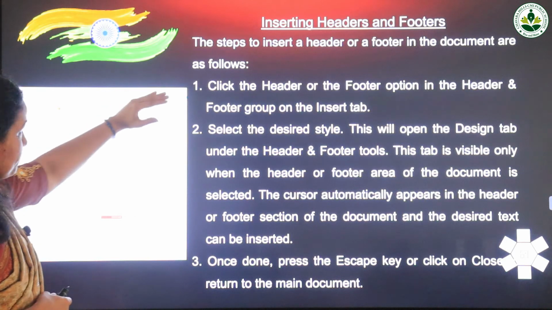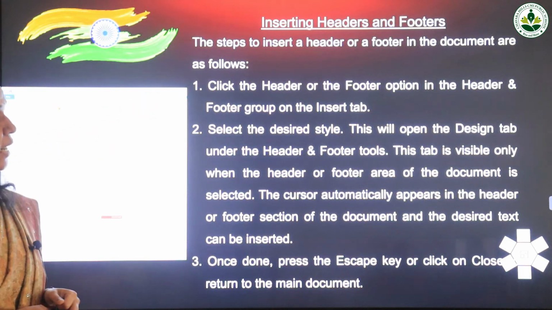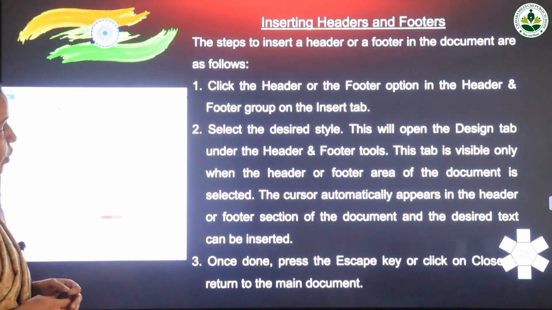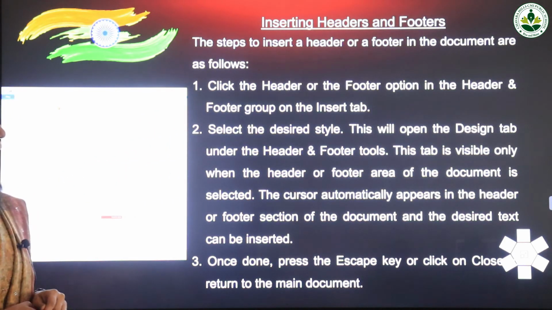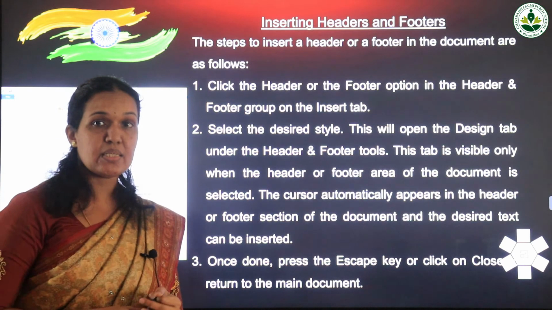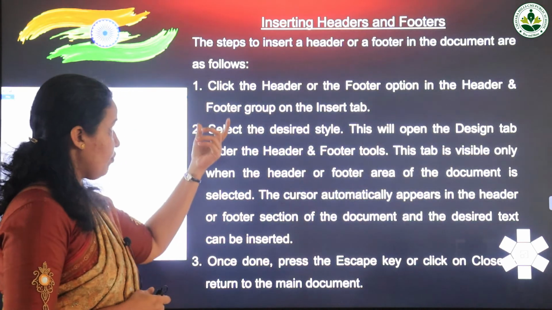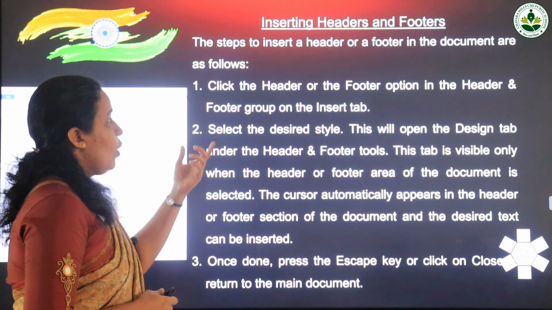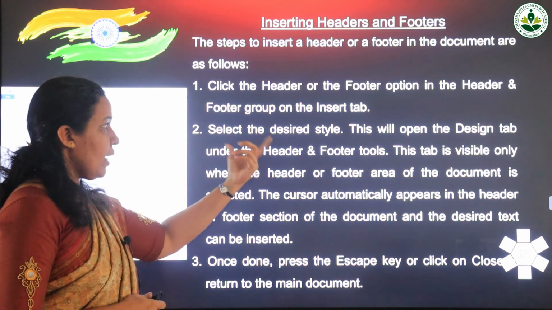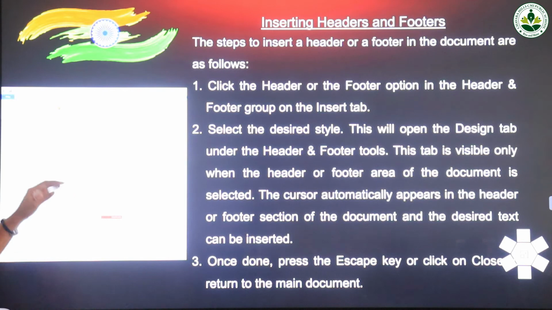So here are the steps to insert a header or a footer in the document. First one, click the header or footer option in the header and footer group on the insert tab. So first you click on this header and footer option, then choose any style. Here you can see different styles.